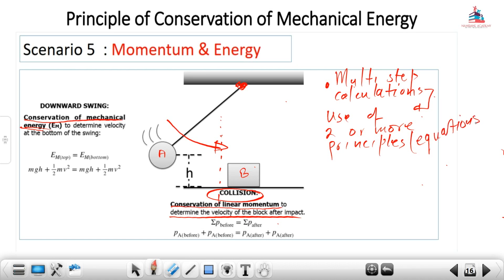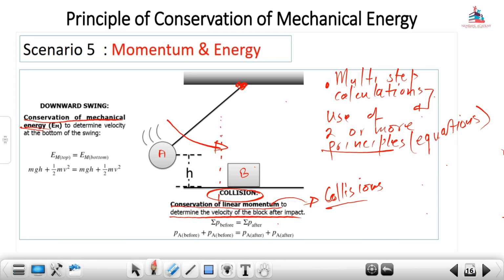You will be expected at times to use two different equations to get to your final answer. In this case, I say principles because it will be the conservation of mechanical energy and the conservation of linear momentum. For linear momentum, the emphasis should be collisions. That is very, very key.